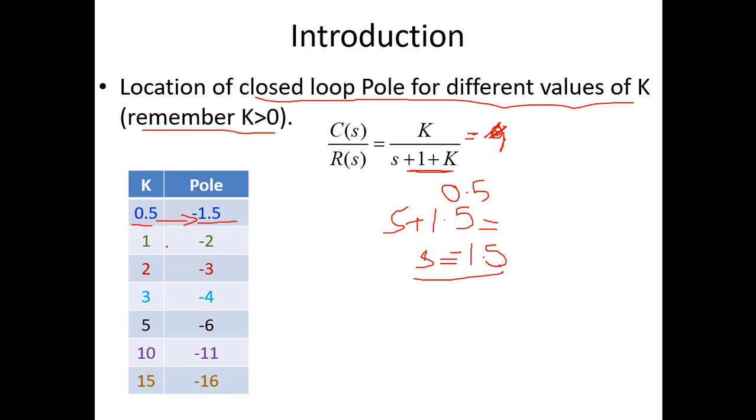Similarly, if you put K equal to 1, 1 plus 1 becomes 2, and you shift it to the other side, it will become -2. For K equal to 3, the pole will go to -4. For K equal to 5, it will go to -6, and the list goes on. For 10, it is -11. For 15, it is -16.